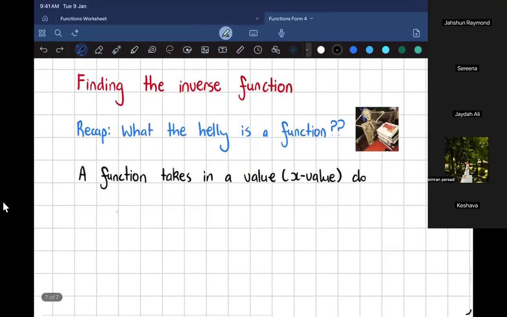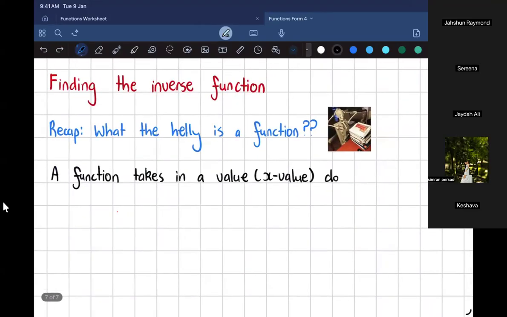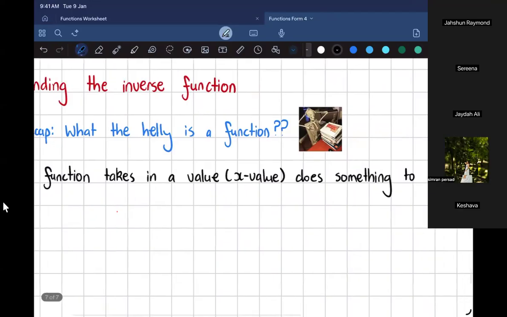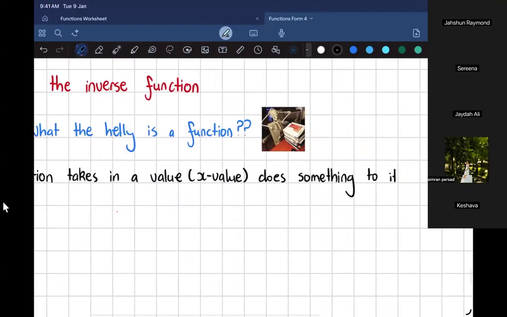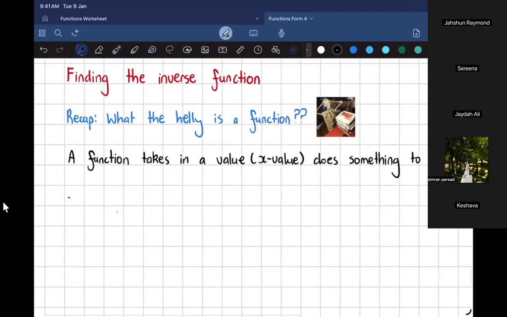So our function takes in a value, we call that the x value, does something to it, and outputs a new value. And Vanessa, what do we call this new value?